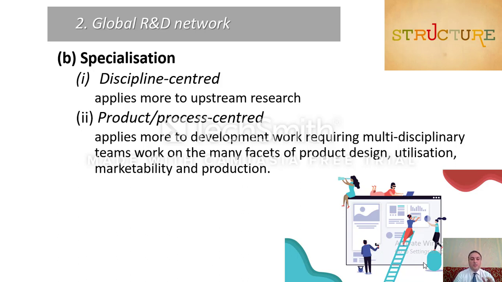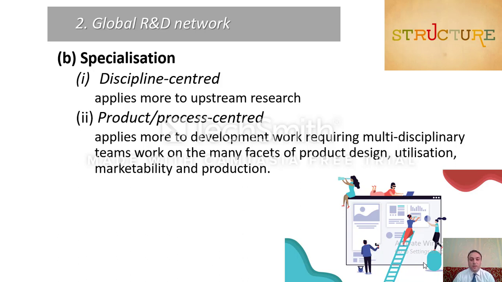We have the discipline centered and the product or process of production centered. The discipline center applies more to upstream research, and the product center applies more to development work requiring multidisciplinary teams that work on the many facets of product design, utilization, marketability, and production.